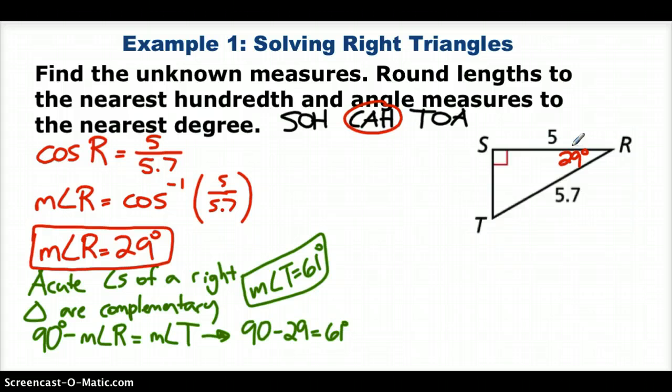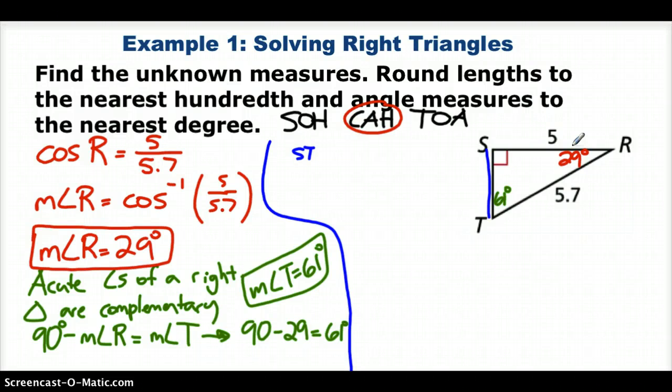And now I'm interested in finding ST. There are a couple of ways we can do this. I'm going to do the easy one first, maybe the less confusing way. I'm going to put this as 61 degrees. And I'm just going to use the Pythagorean theorem here because I know two of the side lengths. I know one leg and the hypotenuse, so I'm going to write this as the Pythagorean theorem.